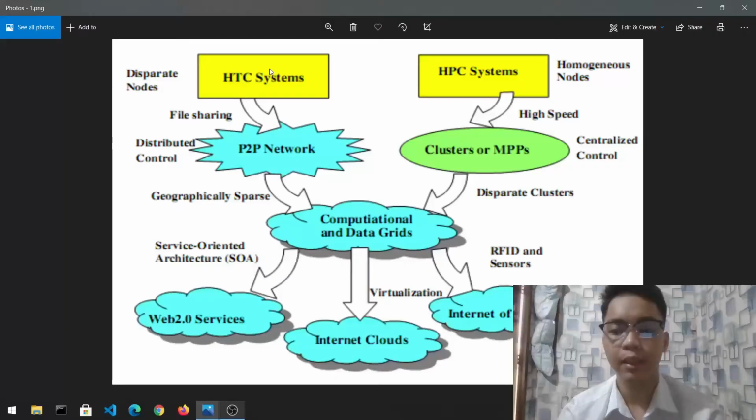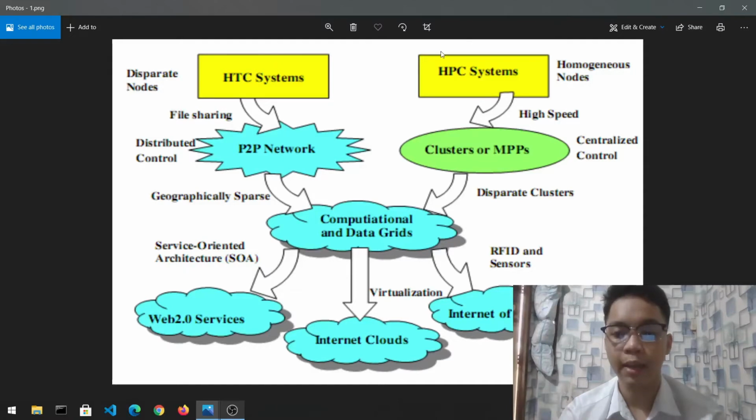So, all of these definitions are said, but how do the cloud and Internet of Things work, or what is the architecture of the cloud and the Internet of Things? There are two distributed computing systems. HTC systems, or high throughput computing, fall to disparate nodes. That means each machine is independently working on a small job to produce a task.